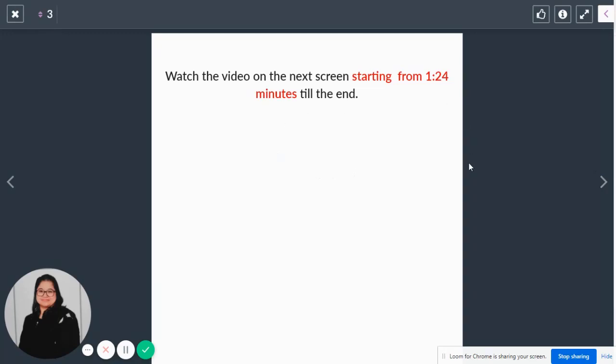All right, let's go ahead. Now on the next screen, there is a video which is showing some examples of perpendicular and parallel lines which you can see around you. You can see the entire video, but you have to start the video from 1 minute and 24 seconds. Remember, it is to start from this point.